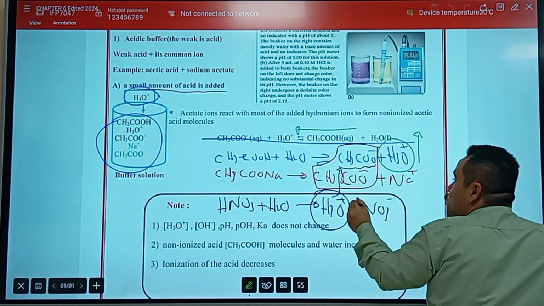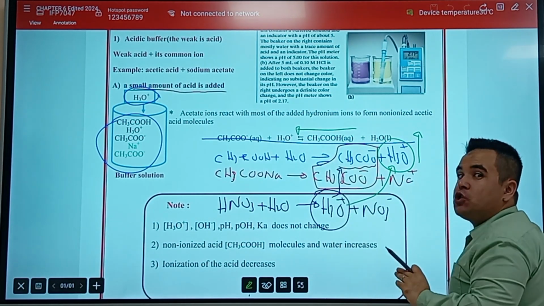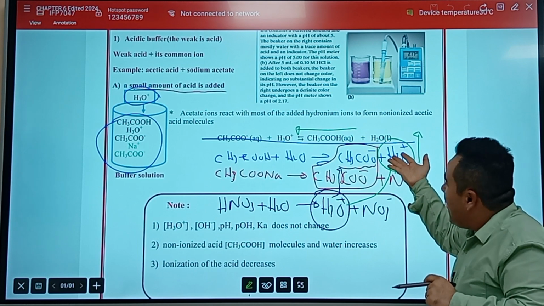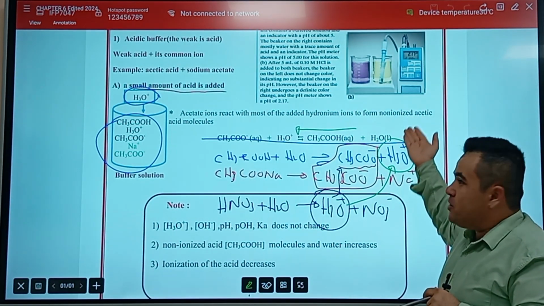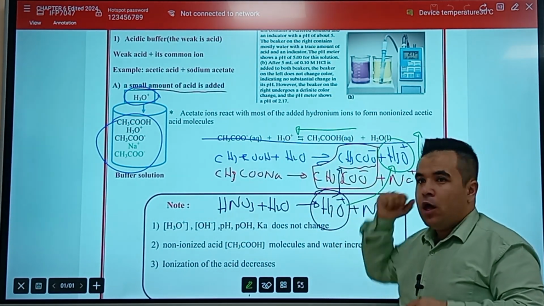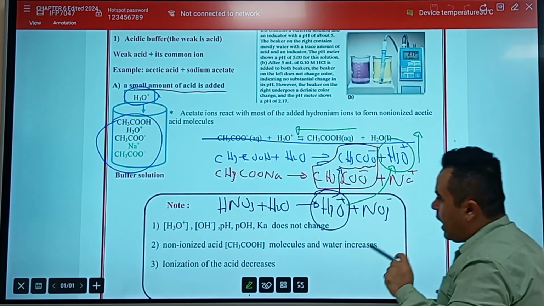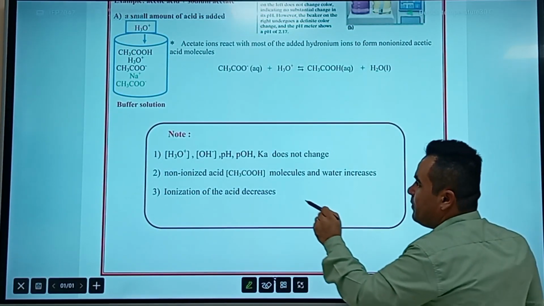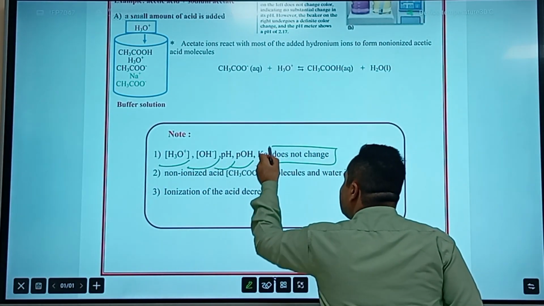We added hydronium in this direction, but in the other direction hydronium is consumed. By Le Chatelier's principle, increasing something in the products shifts the equilibrium toward the reactants. What will happen in this case, guys? The hydronium, hydroxide, pH, pOH stay unchanged. Hydronium, hydroxide, pH, pOH, Ka do not change.